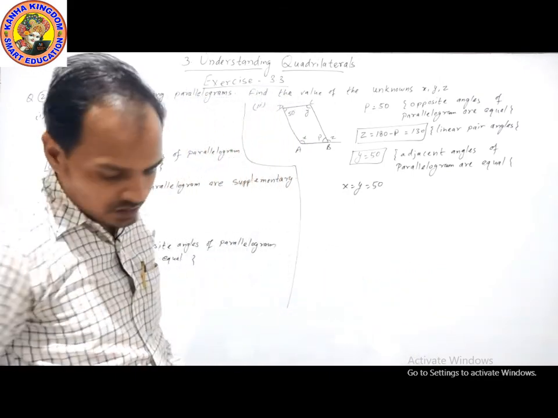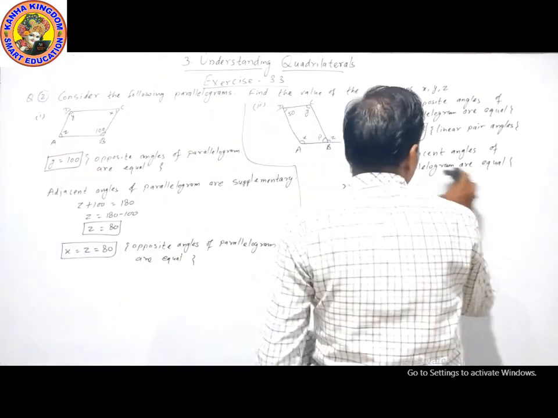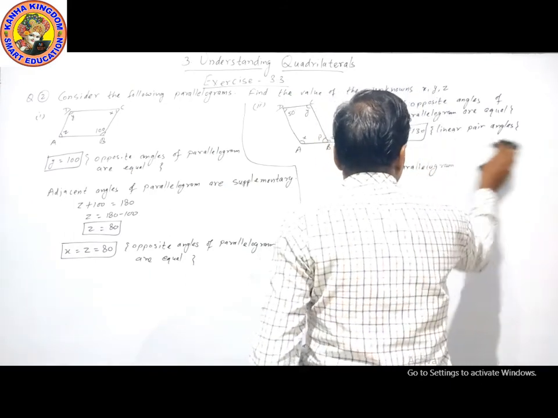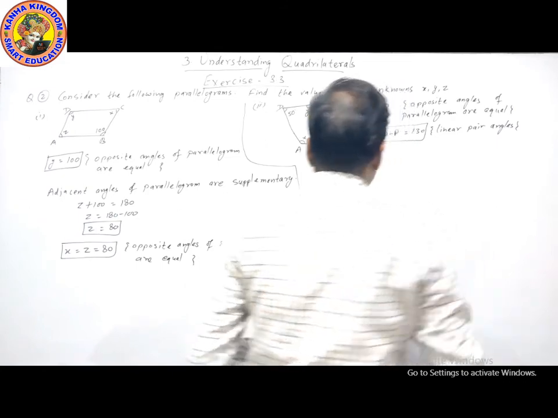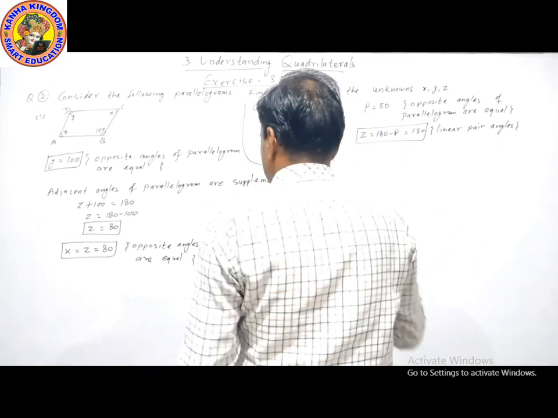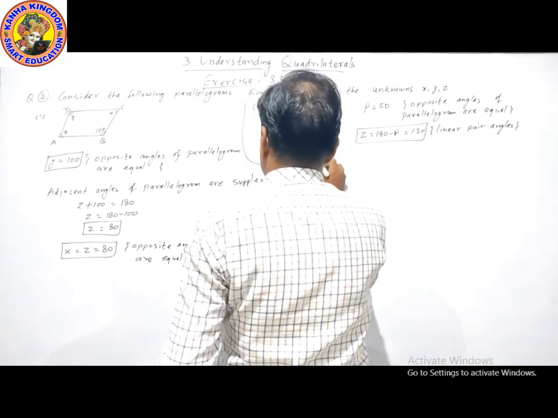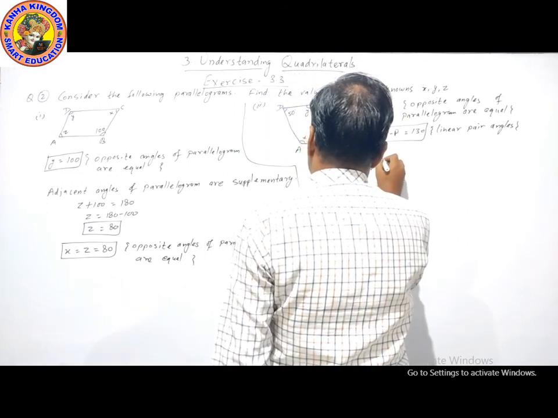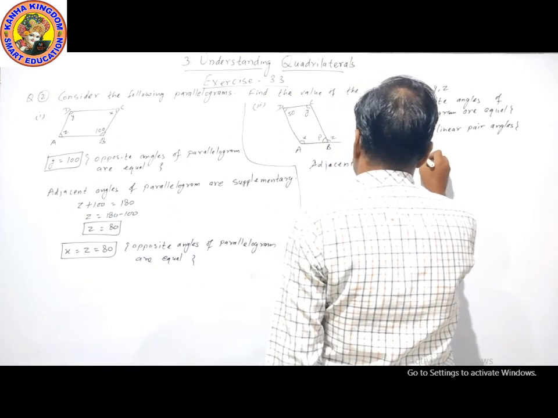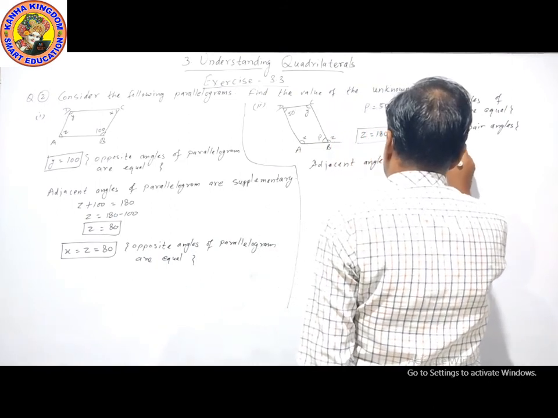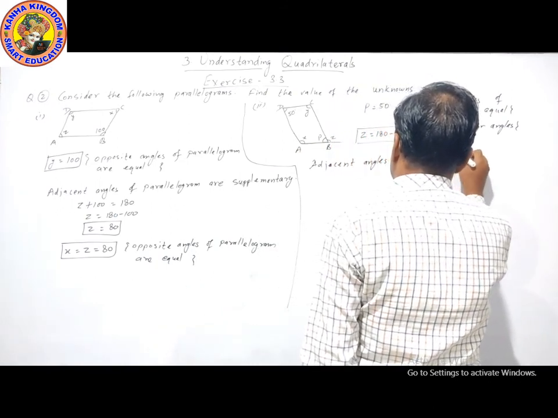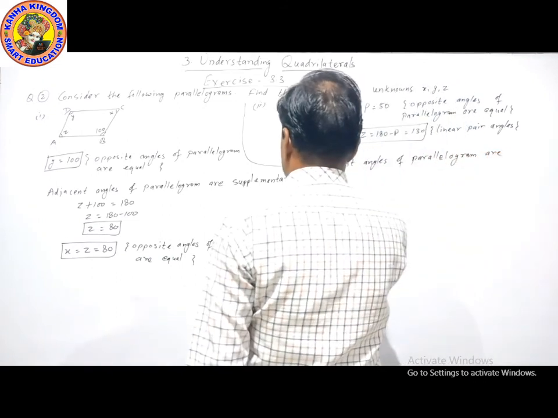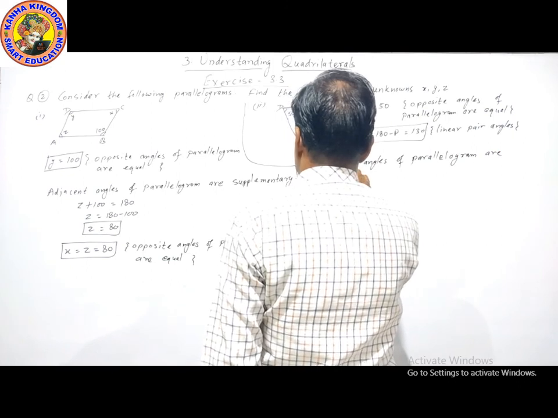So adjacent angles of a parallelogram are not equal, these are supplementary angles. Adjacent angles of a parallelogram are supplementary.